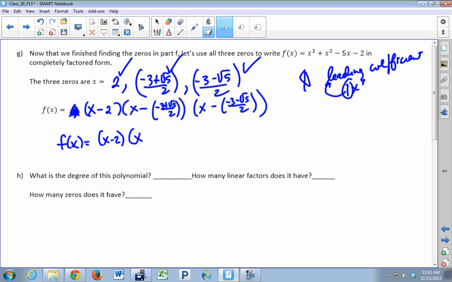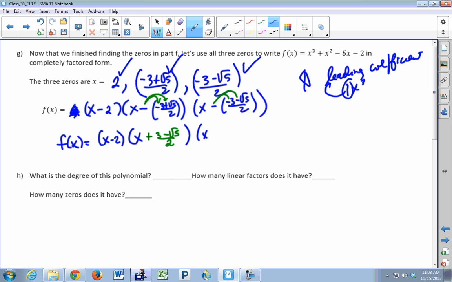So that negative sign is going to distribute. So it's going to become x plus 3 minus the square root of 5 all over 2. And then I'm going to distribute this to the numerator here, and I'm going to get x plus 3 plus the square root of 5 all over 2.